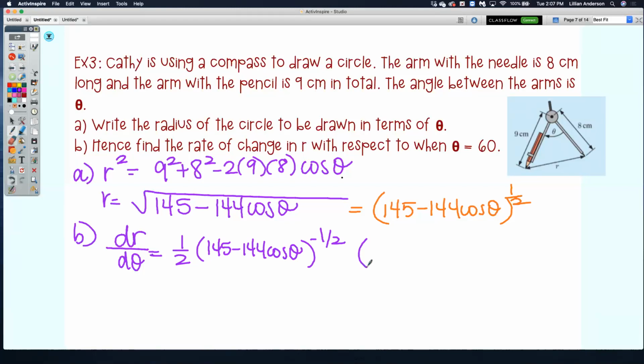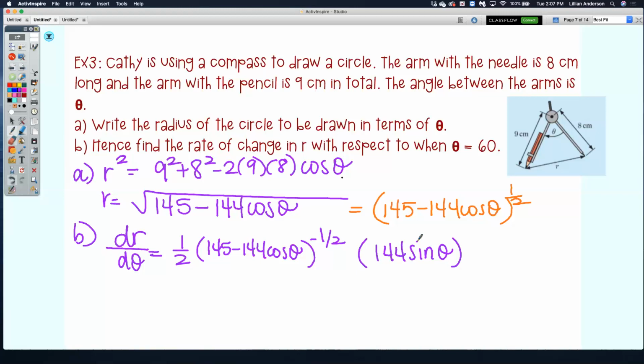What's the derivative of the inside? 144 sine theta. The reason is that the derivative of 145 is 0, the derivative of cosine is a negative sine, and since there's already a minus there, it turns to a positive and the constant stays.